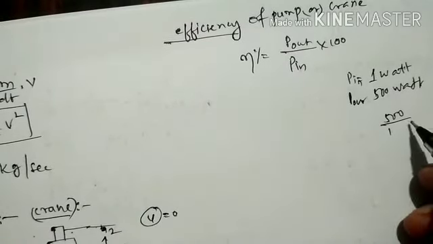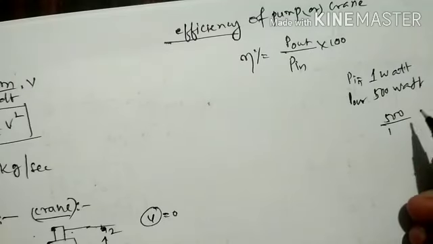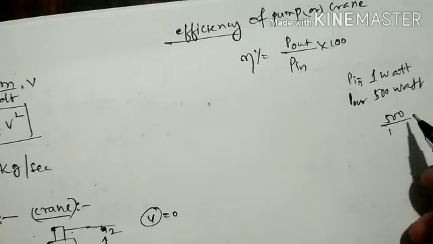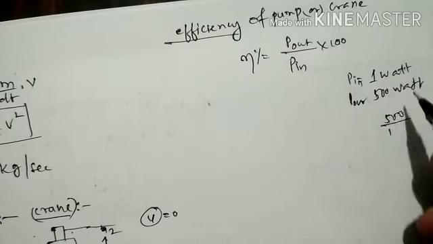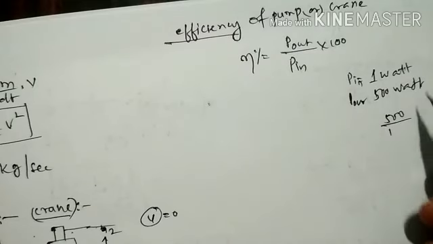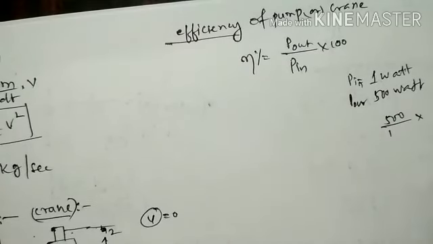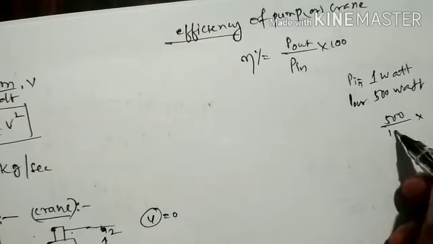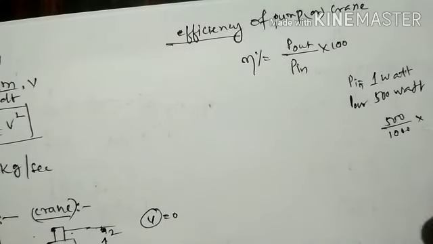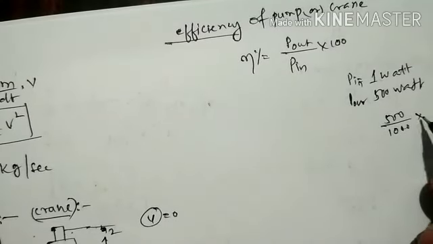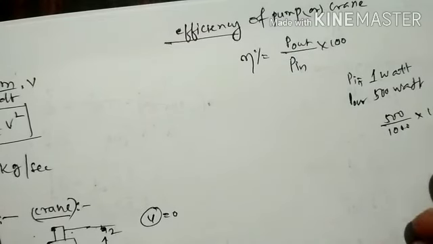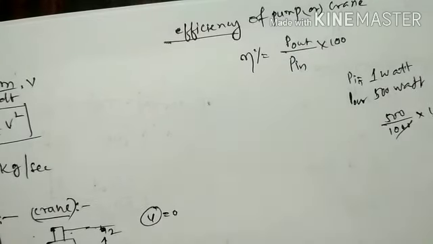So power output by power input into 100. Sorry, power output 500 by 1000, into 100 for percentage.